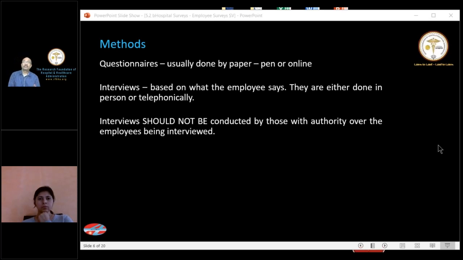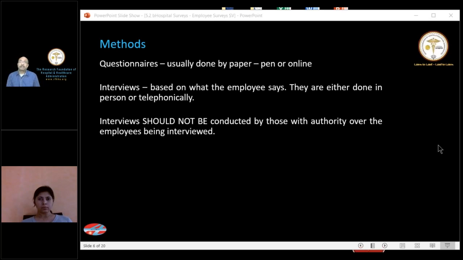This is basically for employees who are quitting, leaving the organization, and you want to get feedback from them as to what could have been done better to retain them, or in what ways the employees' work environment and working conditions can be made better. So the exit interview is one such form where employee surveys are done.